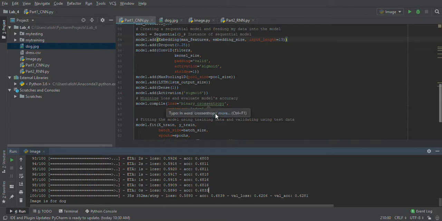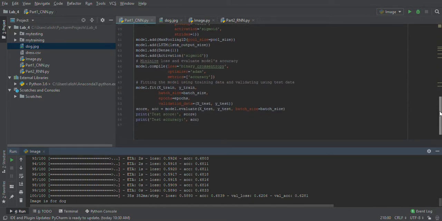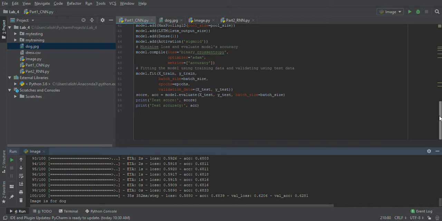Then I compile the model, and I'm interested in accuracy and minimizing loss. Then I fit the model on the training data, and then validate on test data, and then I printed out the accuracy versus the model score.